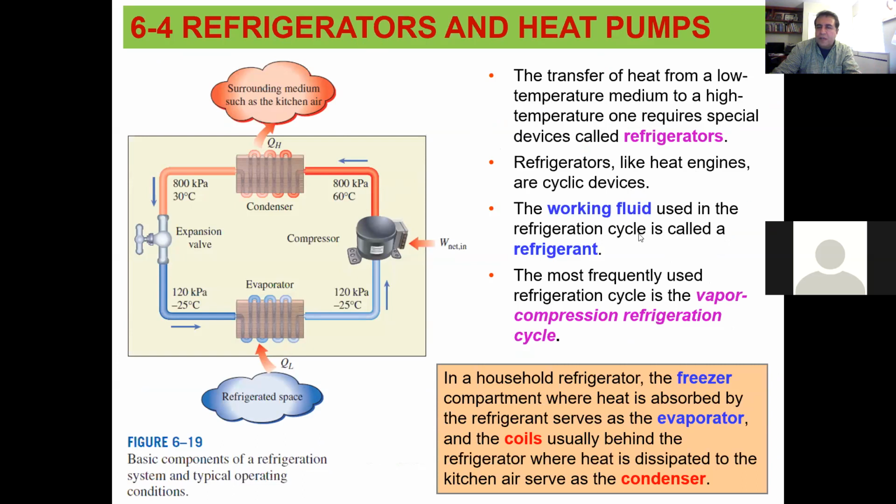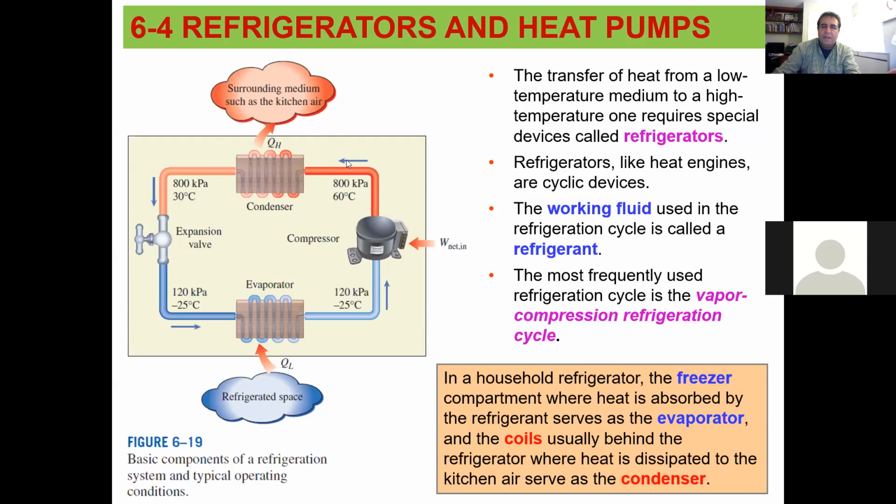The working fluid used in the refrigeration cycle is called the refrigerant, or Freon, or we call it the R12. The most frequently used refrigeration cycle is the vapor compression refrigeration cycle. In a household refrigerator, the freezer compartment where heat is absorbed by the refrigerant serves as the evaporator.